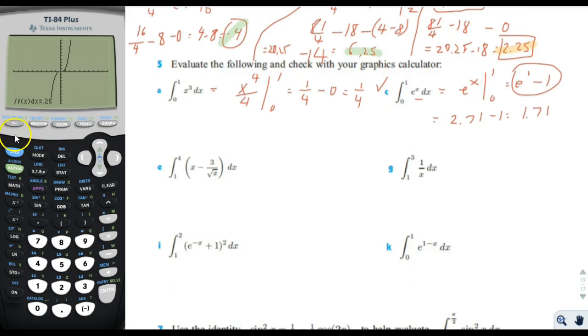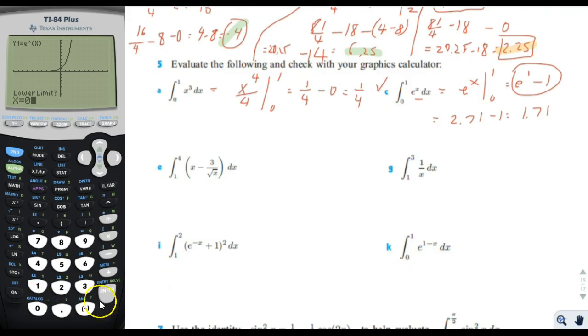So let's test that out with our calculator. We're going to put in e to the x, which is here, and then we're going to do second calc, and we will do the integral from 0 to 1.